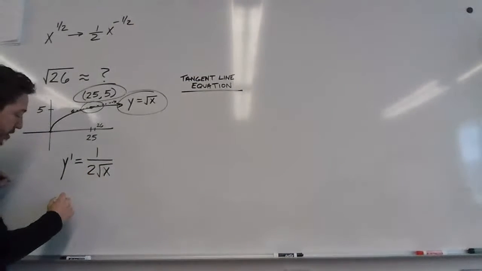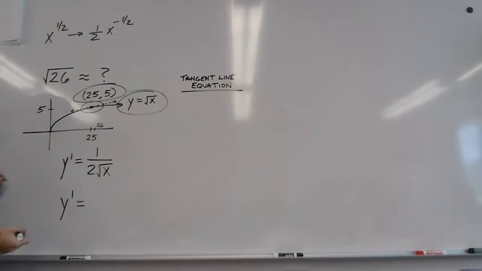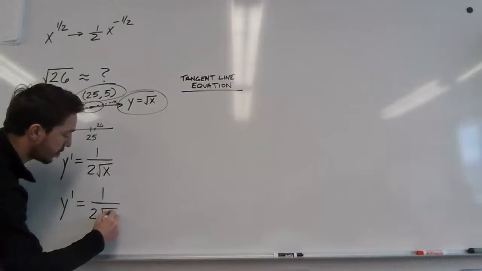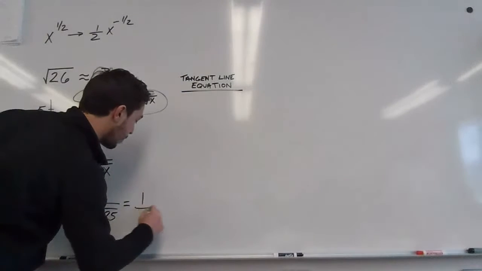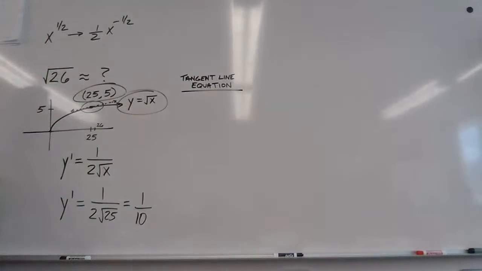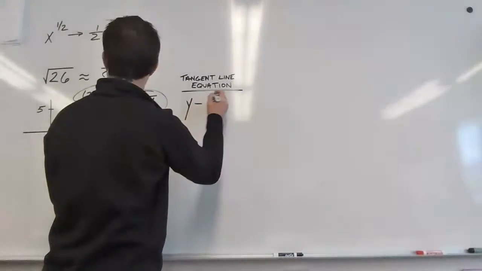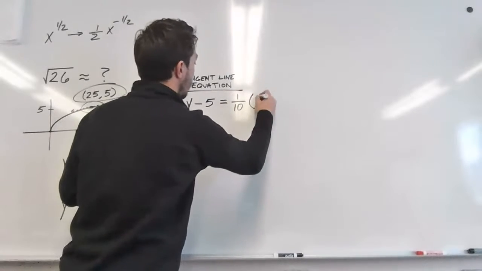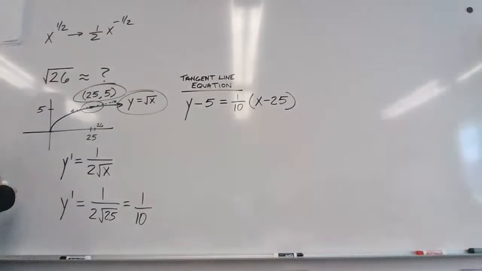So what's the slope at 25 then? Yeah, 1 over 2 times 5 is 1/10. So what that means is my tangent line equation would be y minus 5 equals 1/10 times (x minus 25).